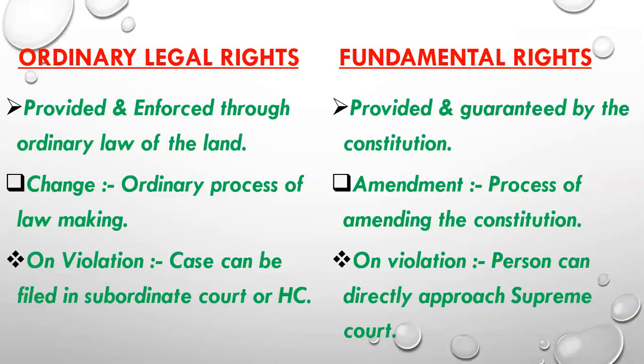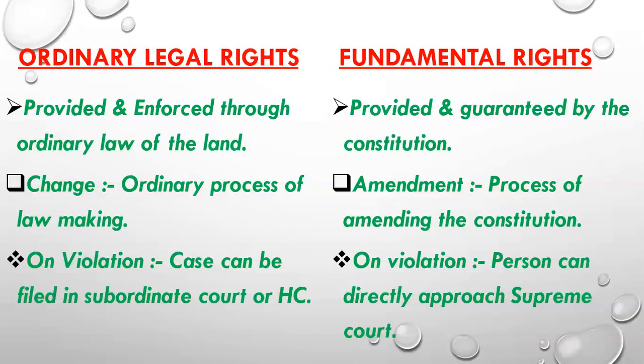So definitely you can see the level of protection provided to fundamental rights: ordinary legal rights have very little protection, but fundamental rights have a very high level of protection. Ordinary legal rights are enforceable by subordinate court, high court, but fundamental rights are enforceable directly by the Supreme Court. So what are ordinary legal rights?